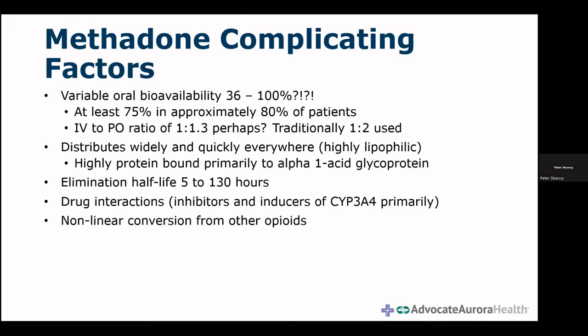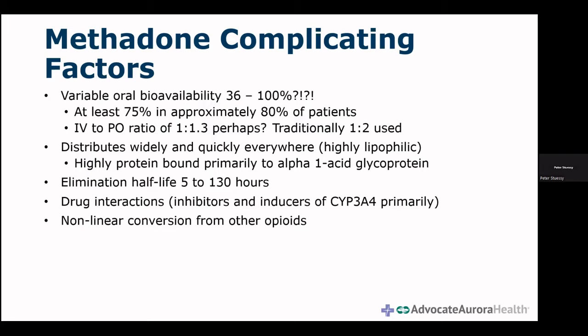So you have to be very careful in how quickly you adjust doses with methadone, which anyone who's dosed methadone and looked into this is very familiar with. Also, I forgot to note, it is highly protein bound, primarily to alpha-1 acid glycoprotein. So that may play into it.